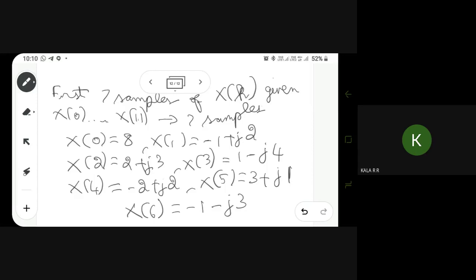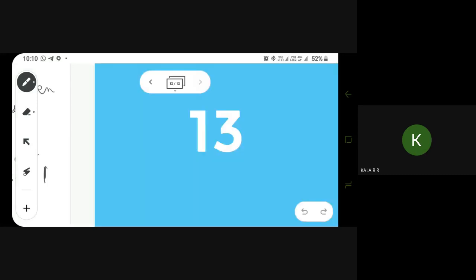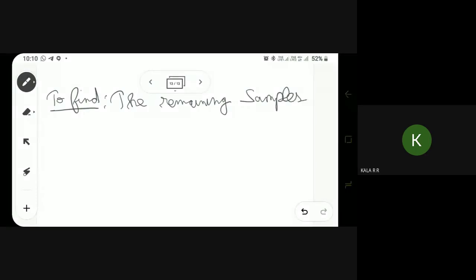So what they are asking is to find the remaining samples. So here, what you have to do is similar to your shifting.